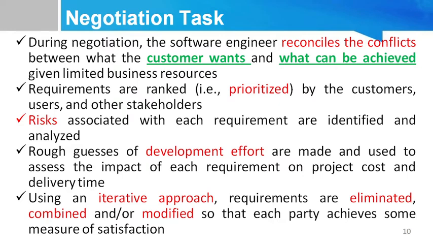Basically, the requirements are ranked or prioritized by the customers, users, and the other stakeholders. Risk associated with each requirement is identified and analyzed in the negotiation phase. Rough guesses of the development efforts are made and used to assess the impact of each requirement on project cost and the delivery time. You can use an iterative approach.